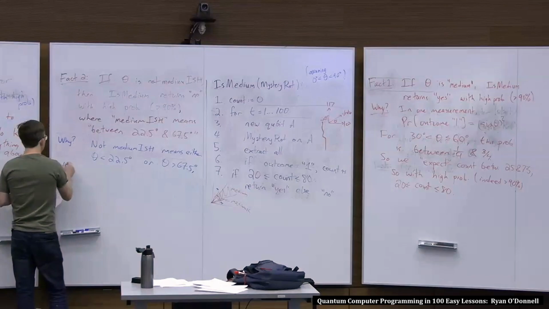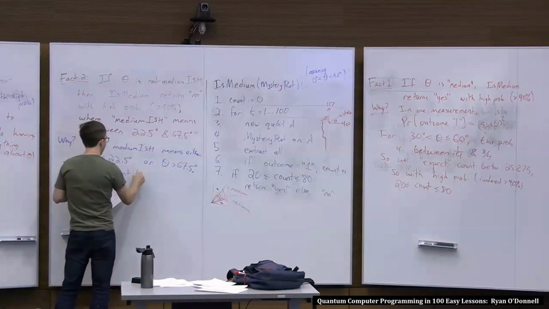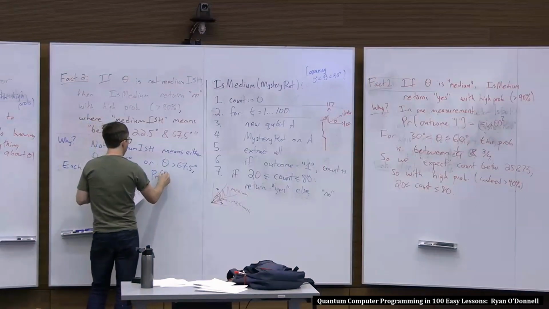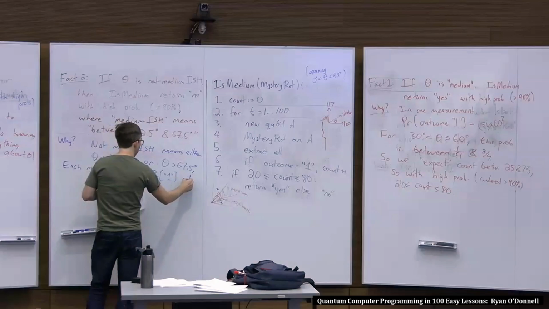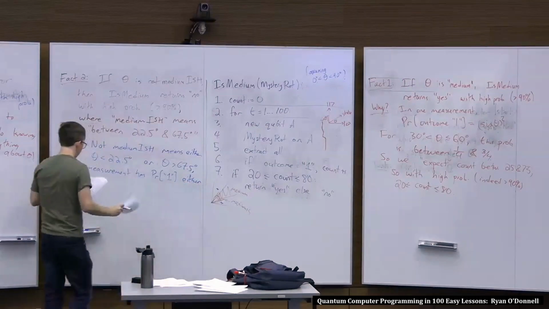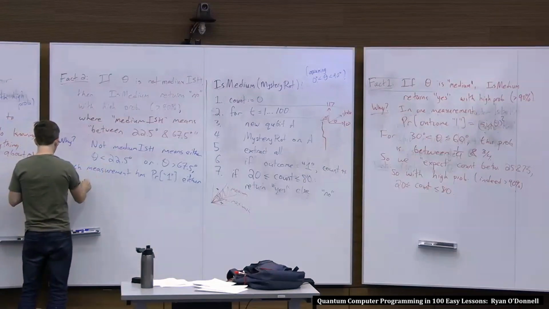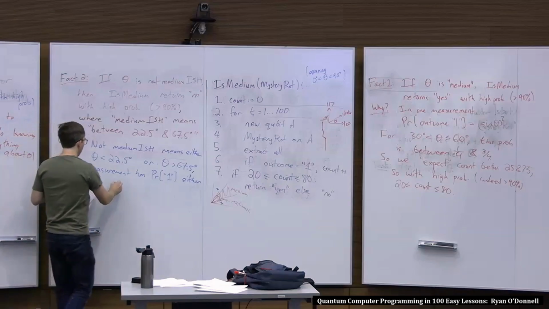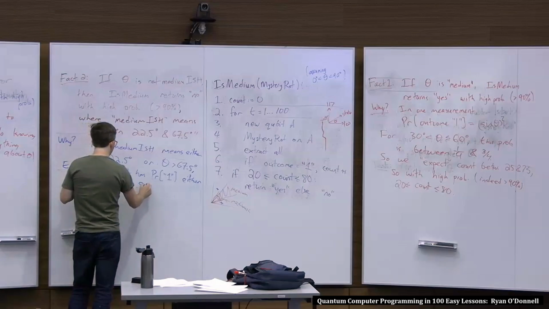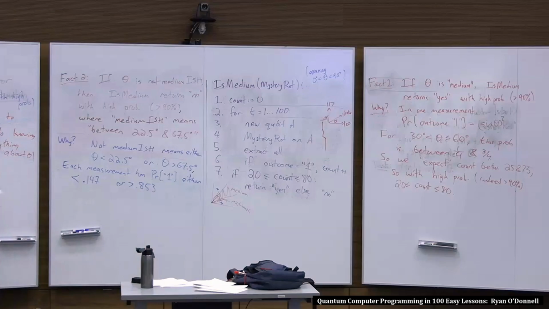So then each measurement has a probability of the outcome being 1 of either less than whatever sine of this squared is, which is apparently 0.147, so 14.7%, or greater than whatever sine of this thing squared is, which apparently is 0.853, or 85%.